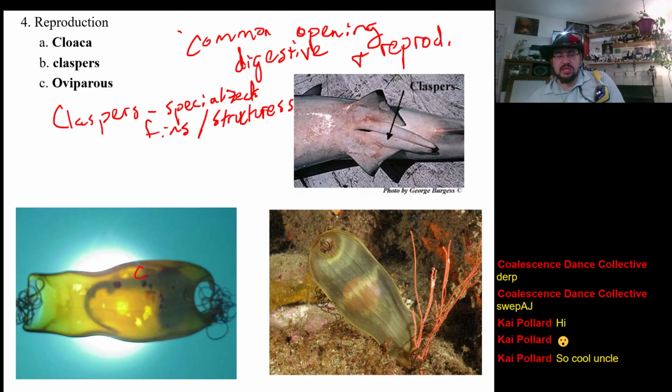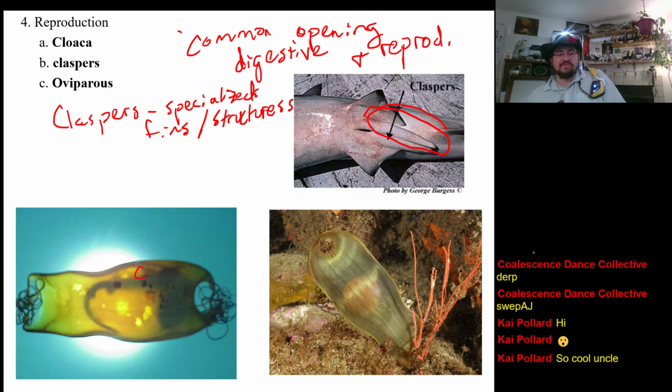So you can see here, they will insert a clasper into the cloaca of a female. And then sperm will enter her reproductive tract, and then we will get fertilization of the eggs. And this is where things go crazy.